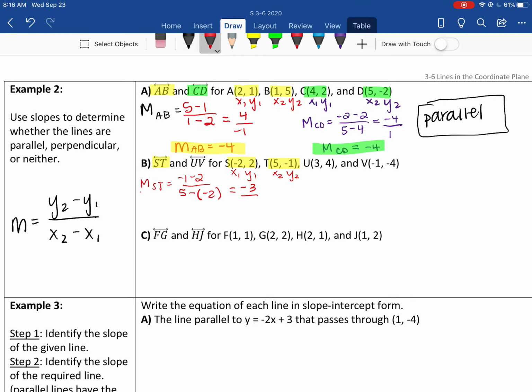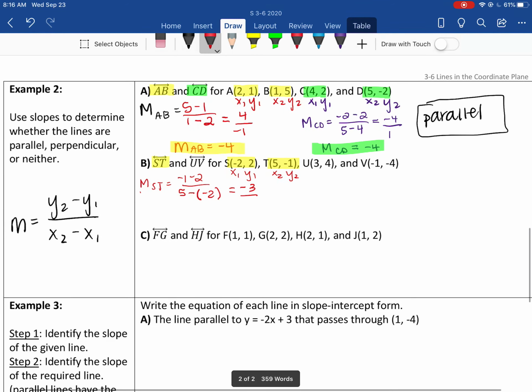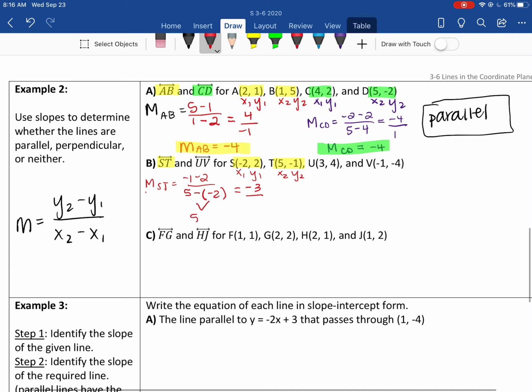So when we solve that out, -1 minus 2 gives you a -3. 5 minus a -2 becomes 5 plus 2, because these two negatives make it plus, so that becomes a 7. And you can't simplify that anymore, so your slope of ST is -3 over 7.